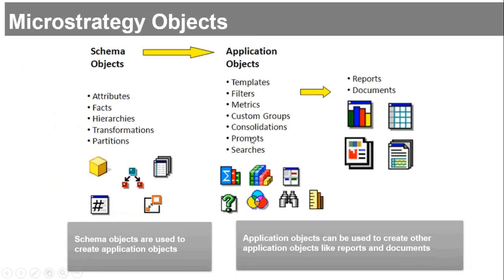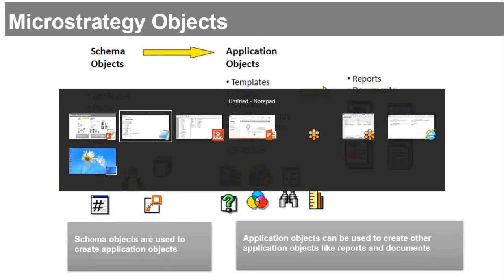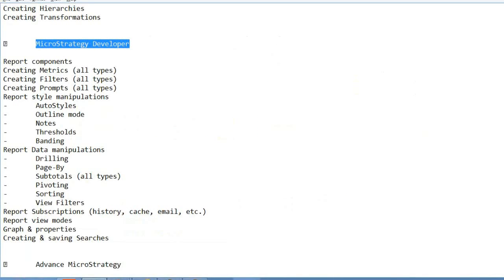The list of objects you see over here, the templates, filters, metrics, consolidations, prompts, is just to familiarize you with what objects we have in MicroStrategy, but we are definitely going to cover much more in detail during our training course.